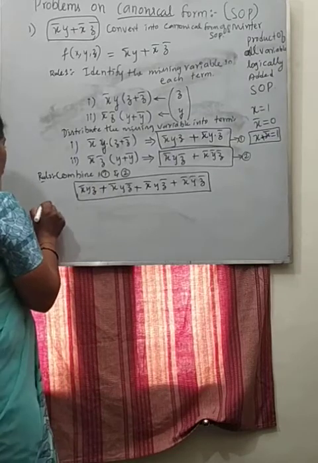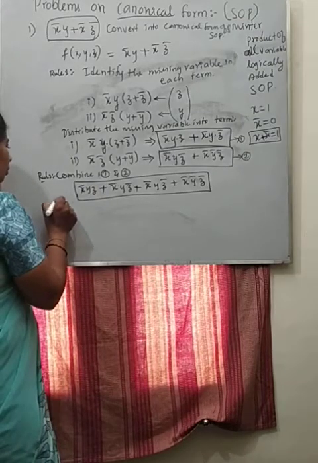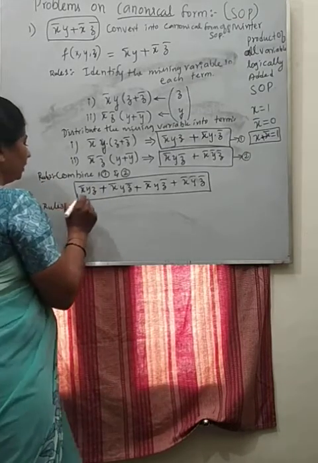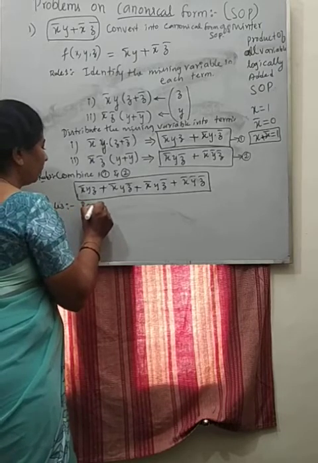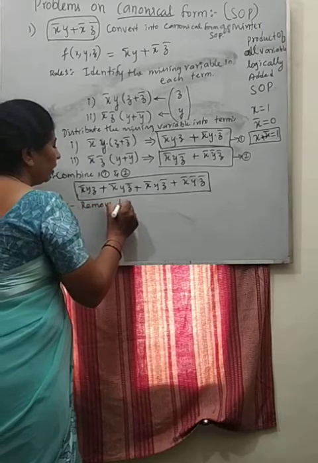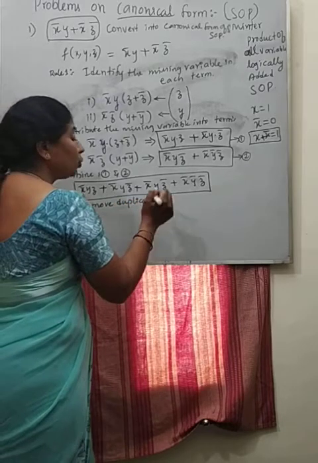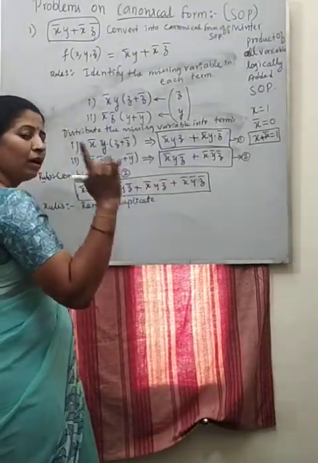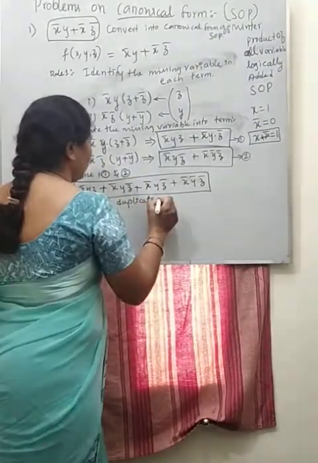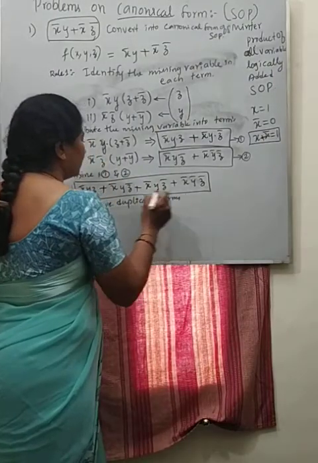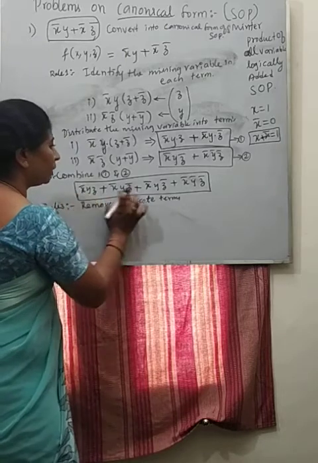And now you check, is there any duplicate terms? That means remove duplicate terms. If any two terms are the same, write down only once. Check. Is there this one again?